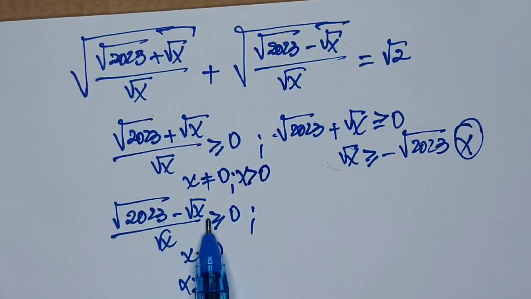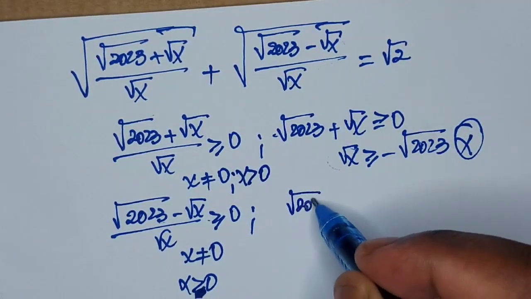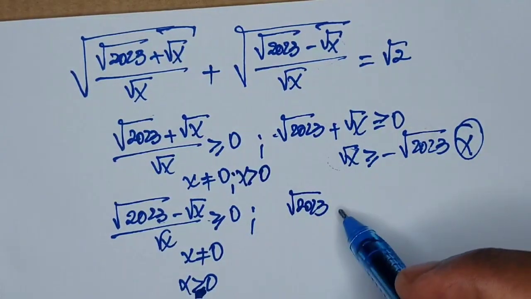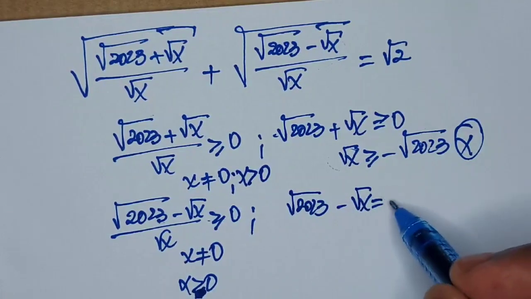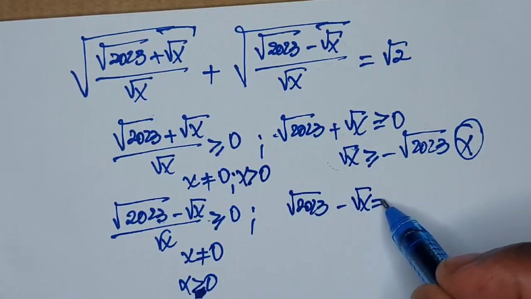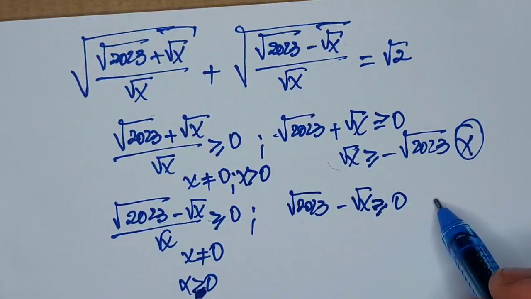And solving this, we will have square root of 23 multiplying this by 0 would be 0 minus square root of x greater than or equal to 0. So this would go to that side, right?